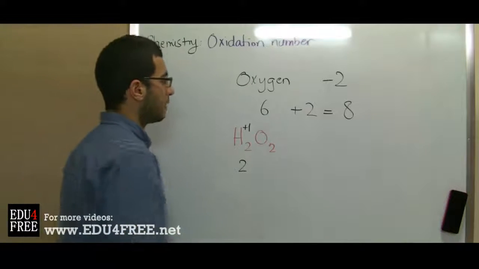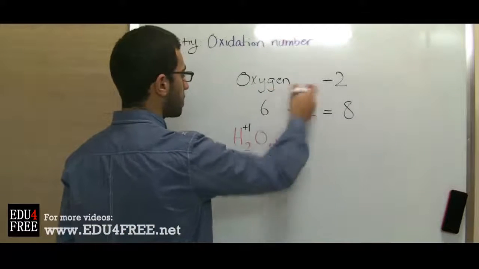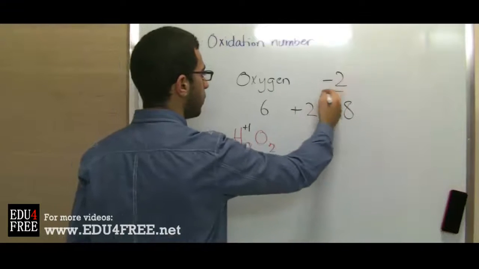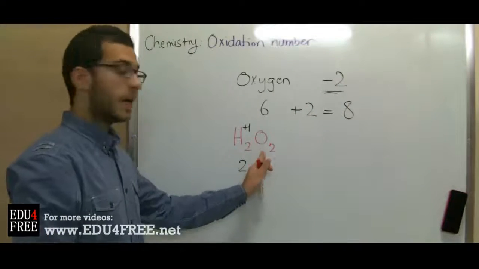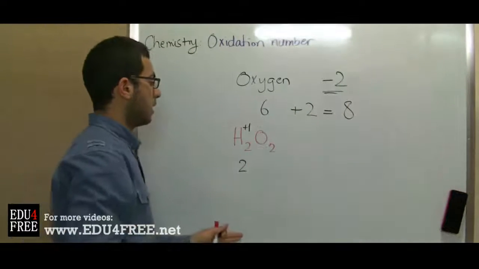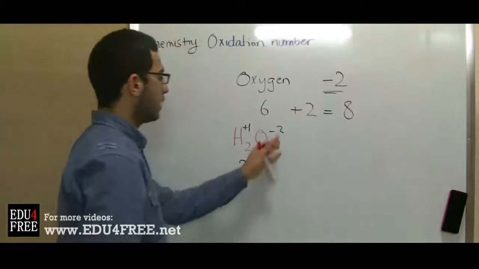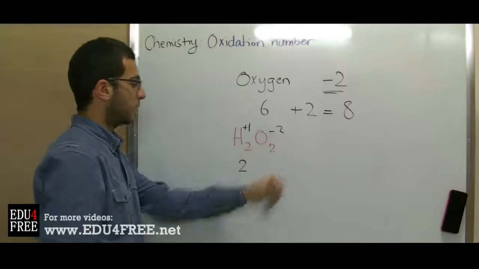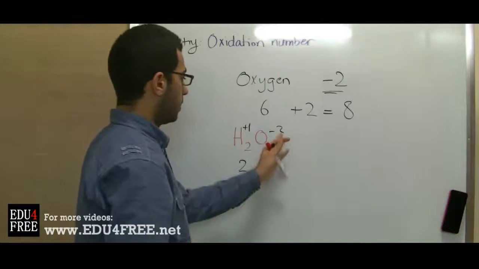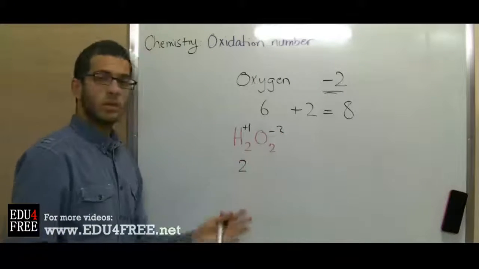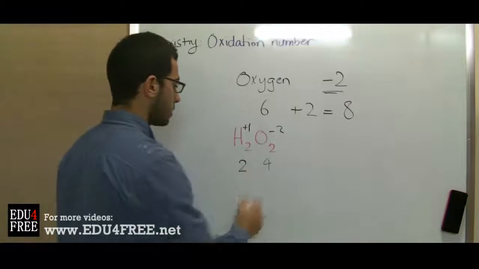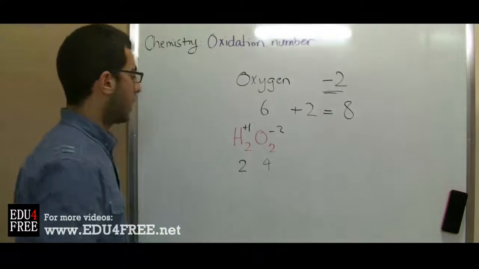So if the oxidation number of oxygen in this case is -2, and we have 2 oxygen atoms, we get -4. So here oxygen will need 4 electrons, so it doesn't work.